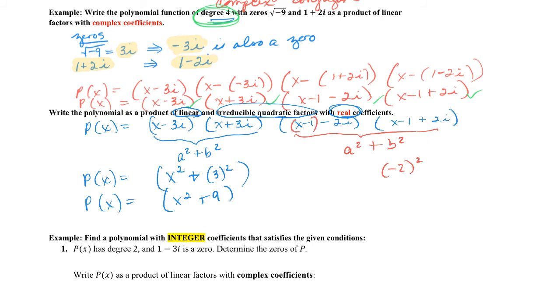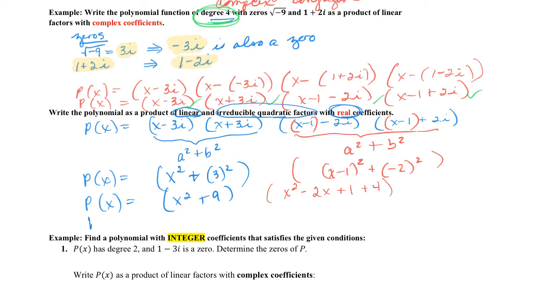So that means a is x minus 1, and so this will be x minus 1 squared. x minus 1 squared is x minus 1 times x minus 1, so that would be x squared minus 2x plus 1. This is actually plus 4.